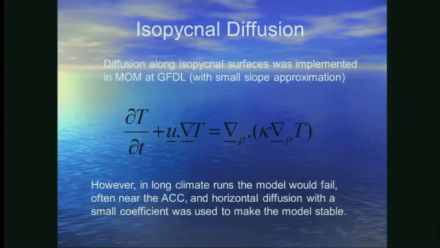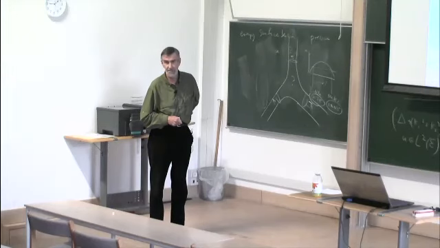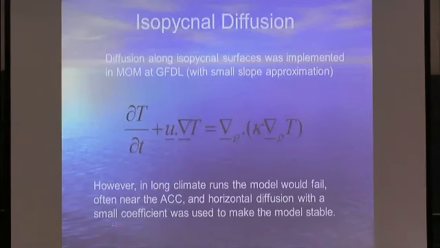However, in long climate runs, this model would fail, often near the Antarctic circumpolar current. The way they made it continue was they went back to add in a horizontal diffusion with a coefficient that was an order of magnitude smaller than they'd used before, but it still had too much cross isopycnal mixing.